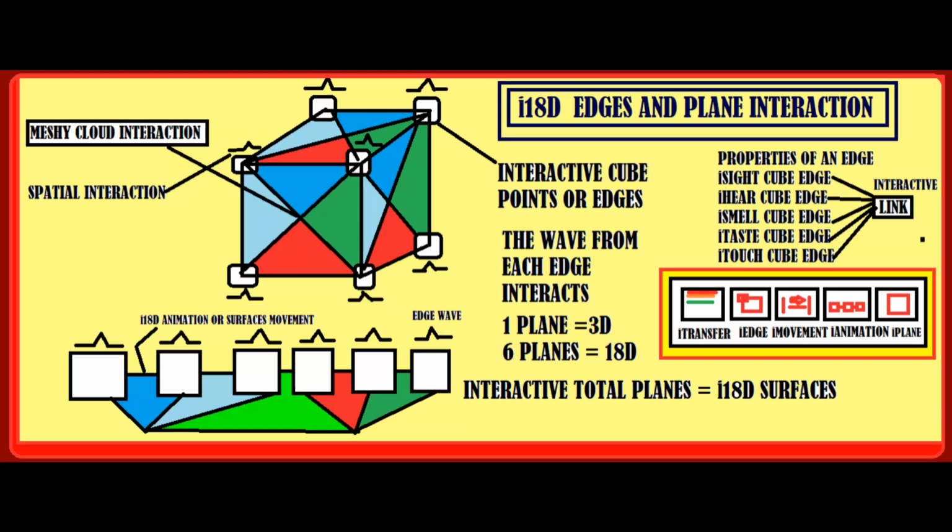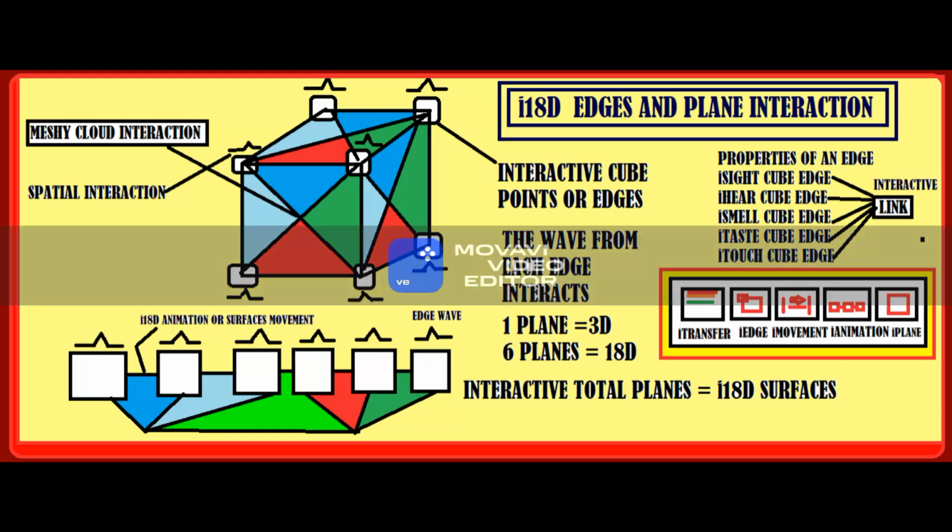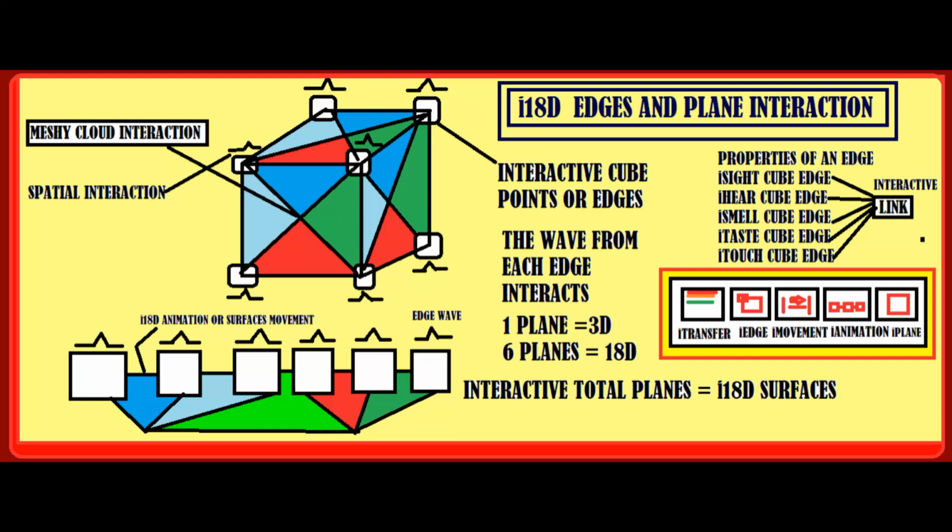surface or plane. We can understand definitely that we have something here that we wrote here: the I transfer, I edges, I movement, I animation, I plane. We understood that with I transfer, we can transfer things through the planar surfaces because they go through movements.